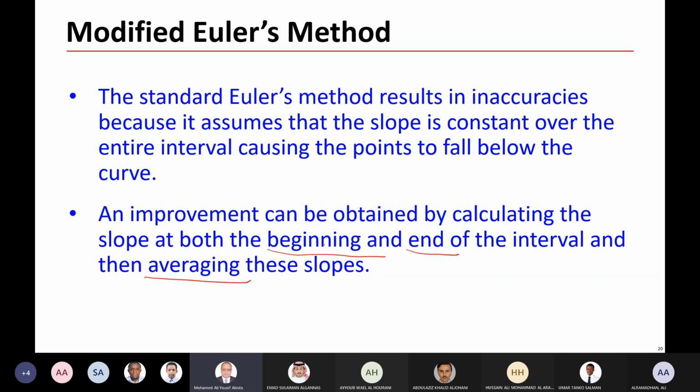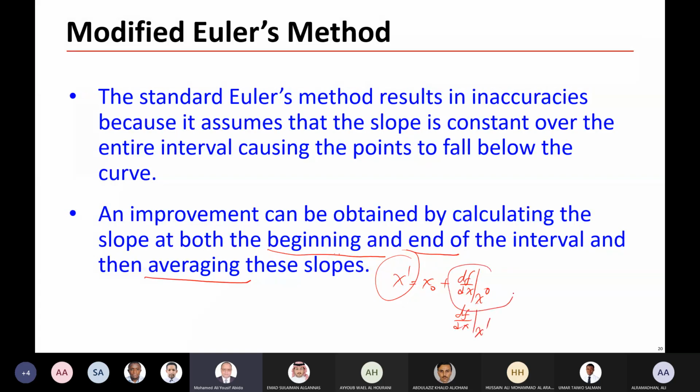So in the modified Euler method, we say x1 equals x0 plus df by dx calculated at x0. We calculate at x0, we get x1, and we use x1 to calculate again df by dx at x1.